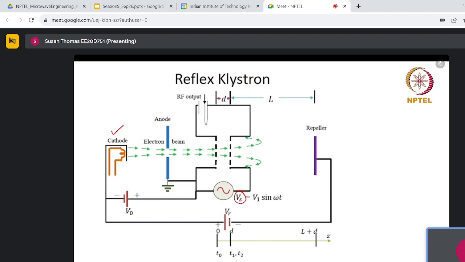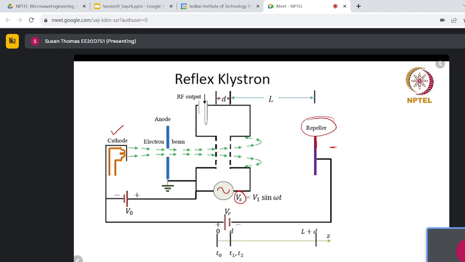What is giving you the feedback is your repeller electrode or reflector electrode. This has a negative potential, so the electrons will be repelled away from this particular electrode, and then again move towards the cavity.